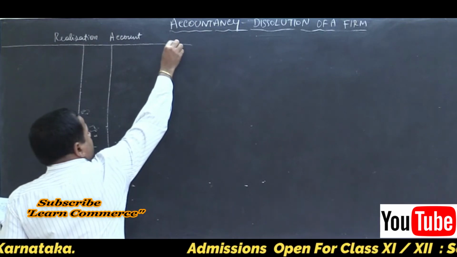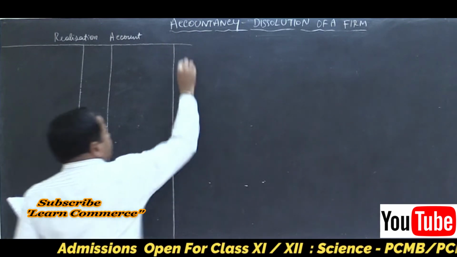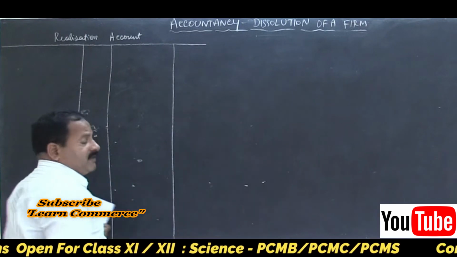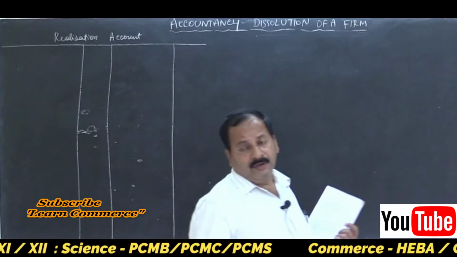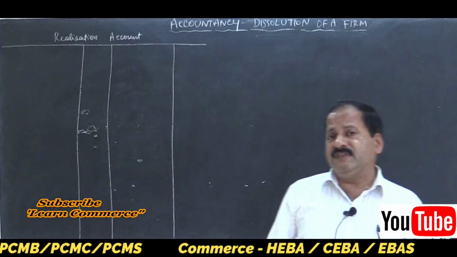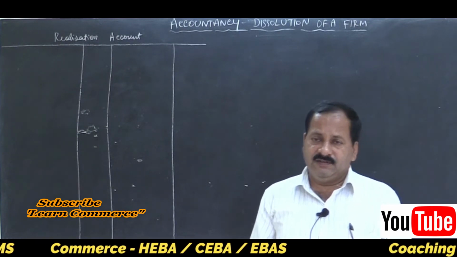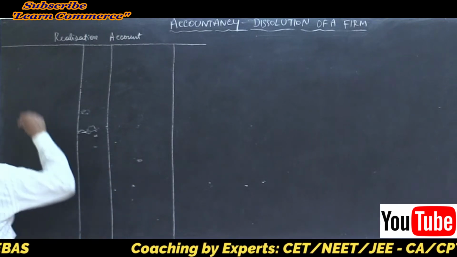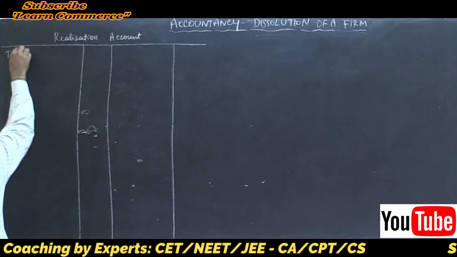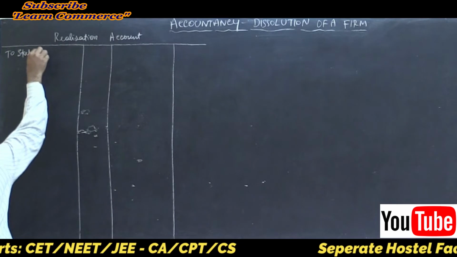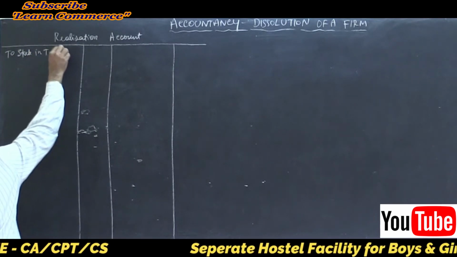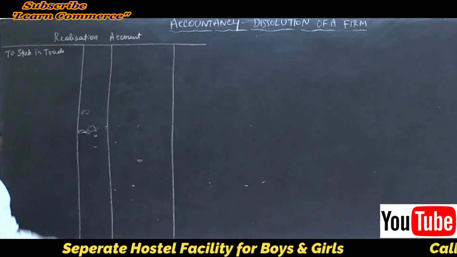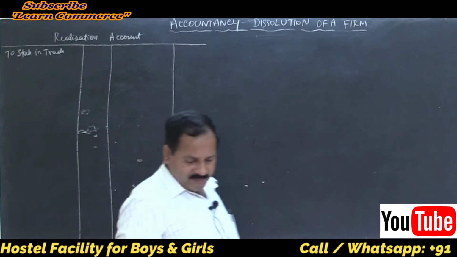Provide for JF column also. Debit credit is a must. Debit credit amount in particulars, JF, amount in rupees. Let us start. To stock in trade. Stock in trade, isn't it?